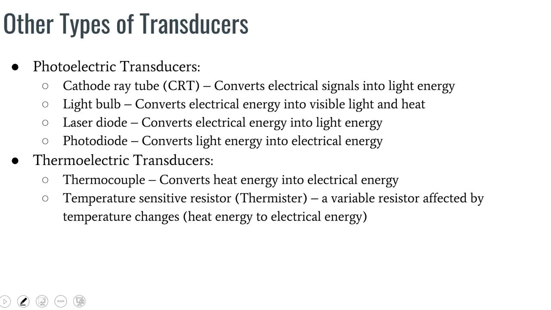Then many other types such as photoelectric transducers. Again, these are light and electricity, thermoelectric, heat and electricity. So any sort of energy, one energy form to the other, if we can convert, then there could be a transducer that can do the conversion there.